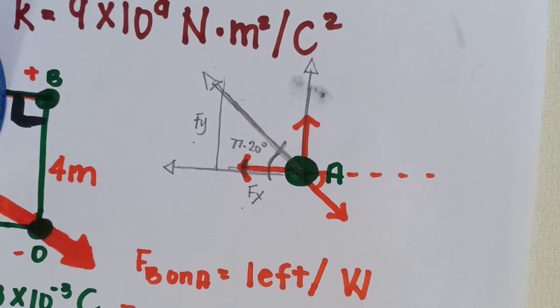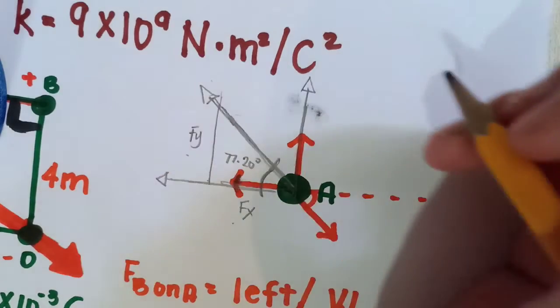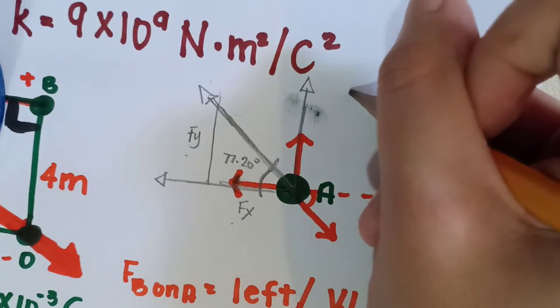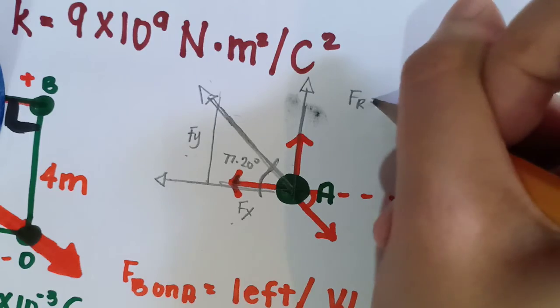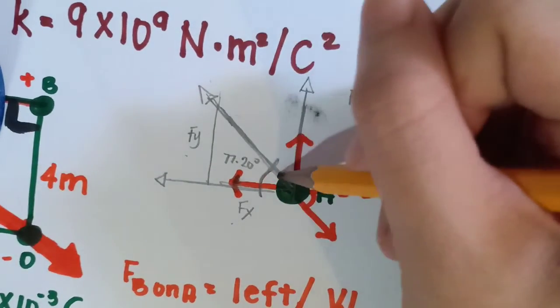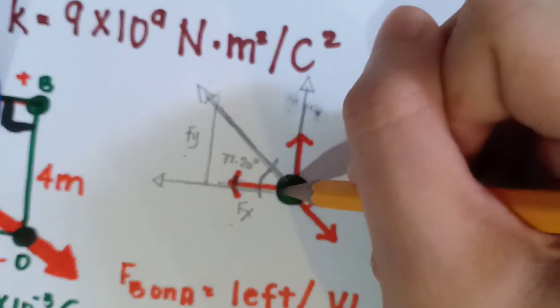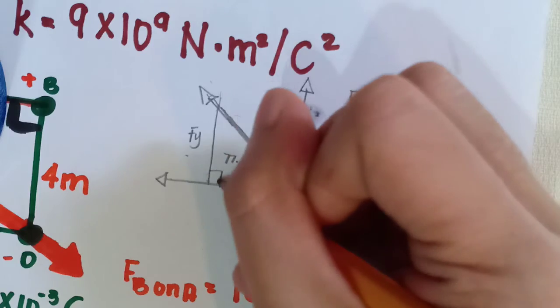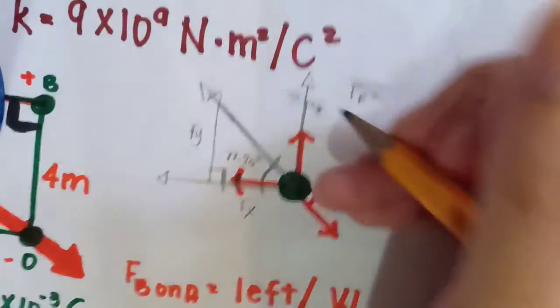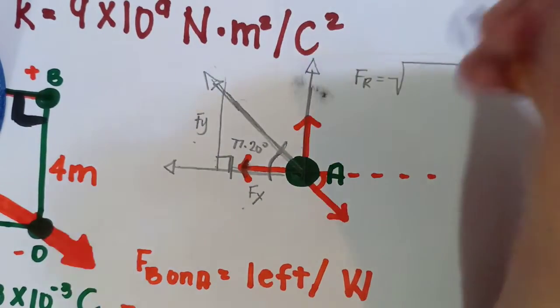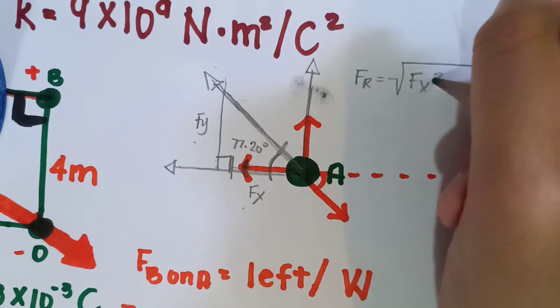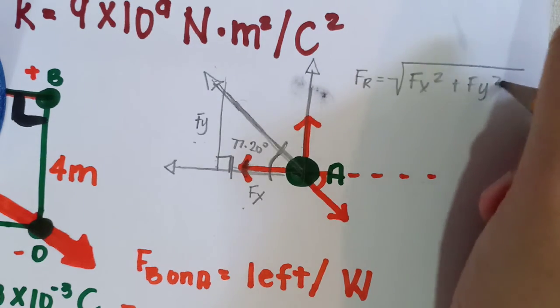Then for the resultant force, we can look for that using the Pythagorean theorem. So FR is equal to the sides. Again, this is a right triangle. So the square root of Fx squared plus Fy squared.